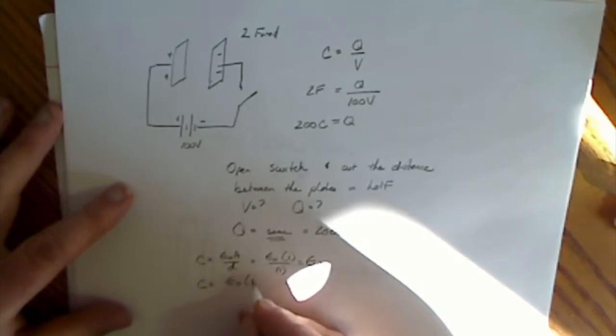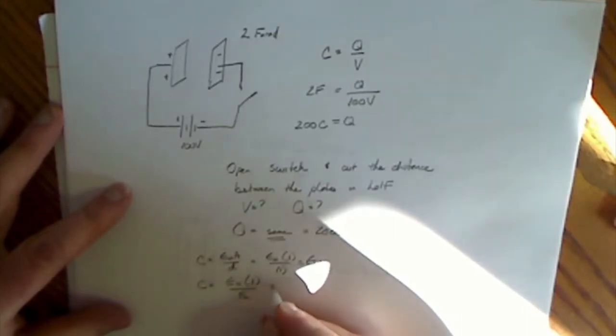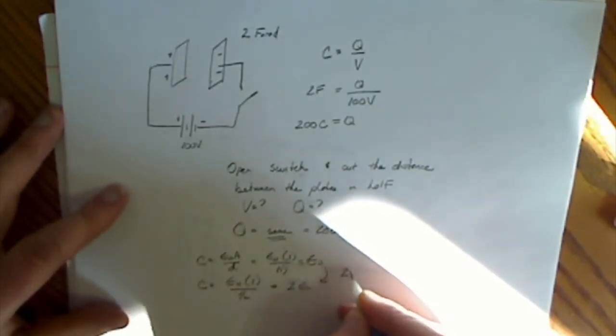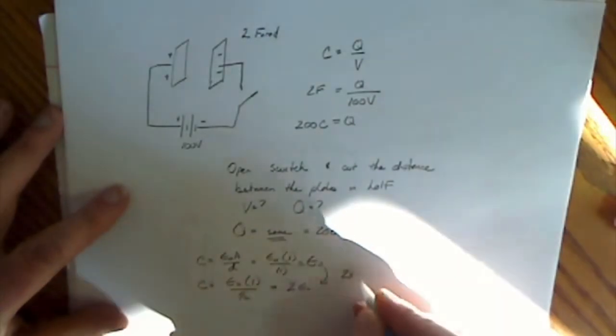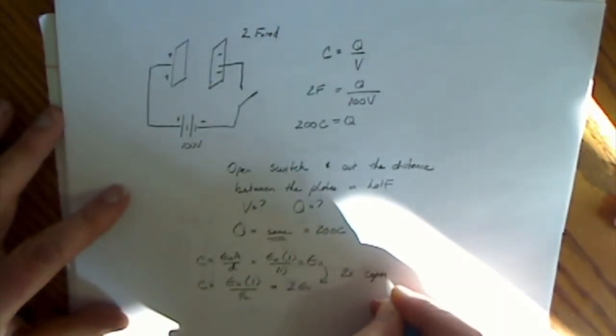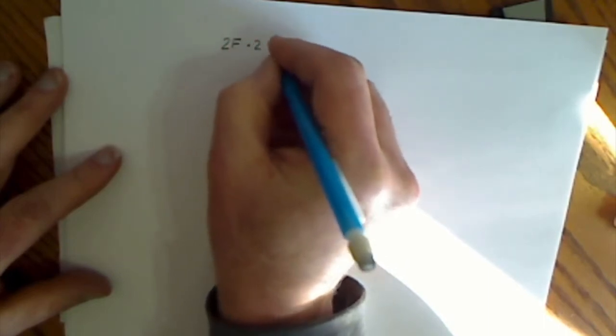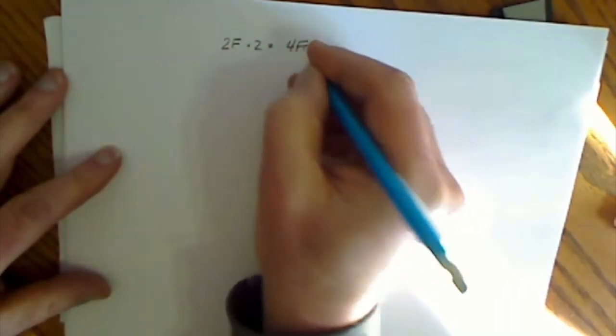We're not changing the area, but we are going to take that distance and make it 1/2. Which means basically we're going to have twice whatever the original capacitance was. My new capacitance, which was 2 farads times 2, is now a 4 farad capacitor.